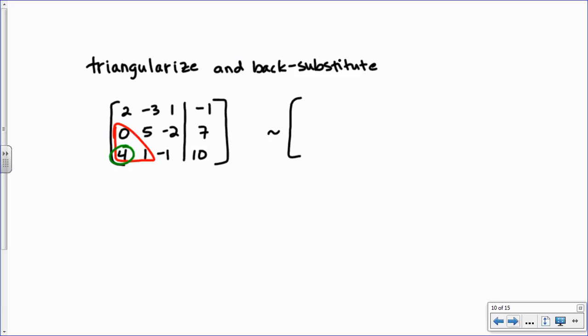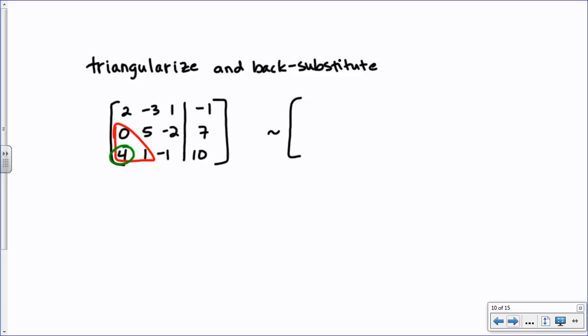I want to get a 0 right there where that 4 is. I need to use row 1 to help me because if I use row 2, I'm not going to be able to cancel a 4. No matter what I multiply 0 by, I get 0. And if I add that to 4, I'd still have 4. So that's not going to help me. So I need to use row 1.